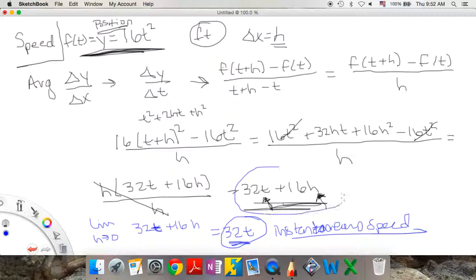So this is our average speed, and this is our instantaneous. By using this definition here, we've got the slope of the secant line, and then here the slope of the tangent, which is just the slope of the secant, taking the limit of the space between them as it goes to 0. So hopefully we're clear on the difference between a secant and a tangent.